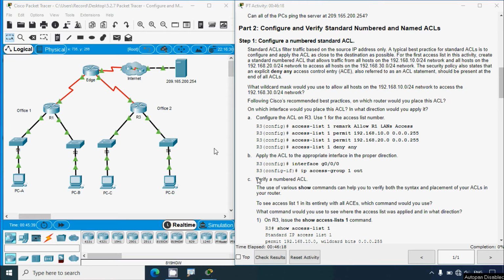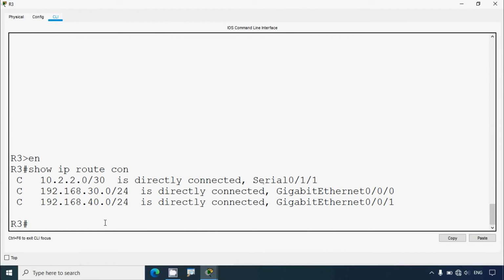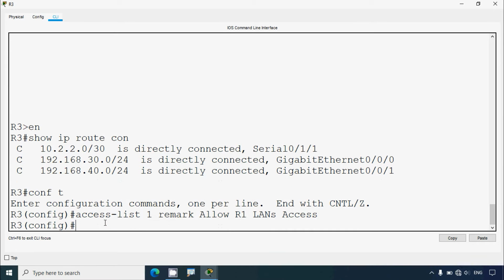Okay, we will give these commands here in this router R3. We will go to global configuration mode, conf t, and here we will give access list 1, and we have to give the remark, right? Allow R1 LANs access.